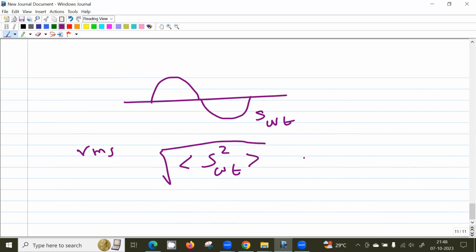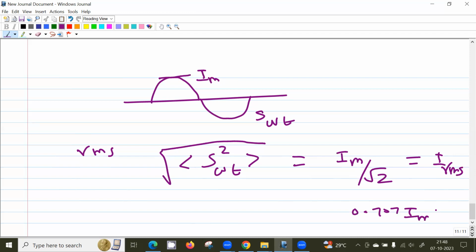So this will turn out to be, if the peak value is say Im, Im by root 2. This value is called IRMS, which is 0.707 times the peak value. So this is how the RMS value is defined.